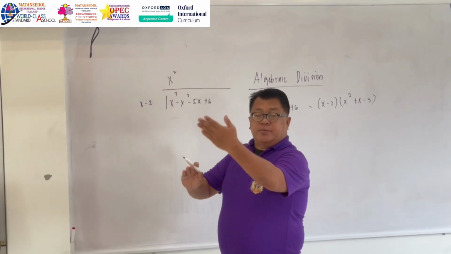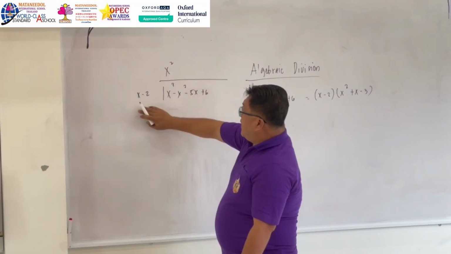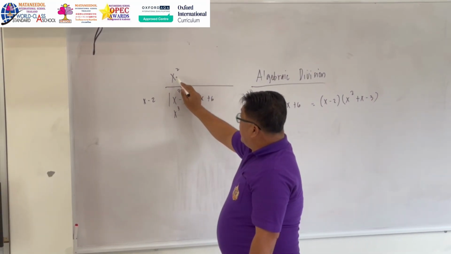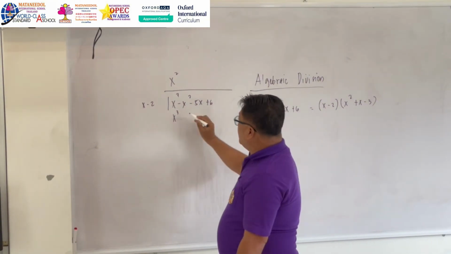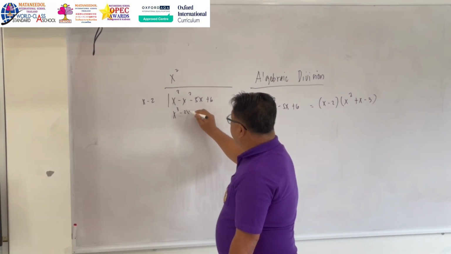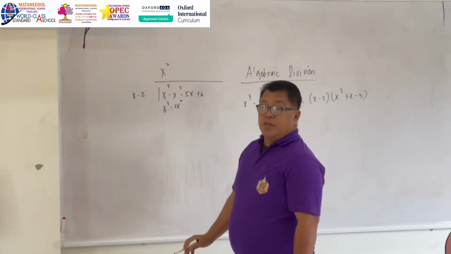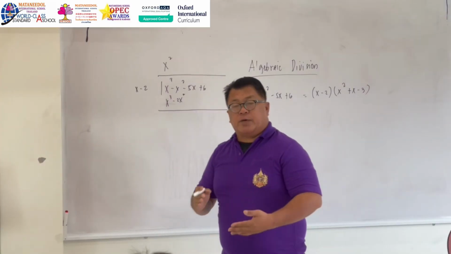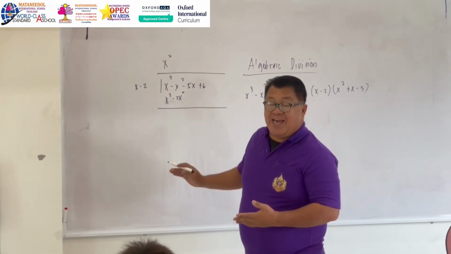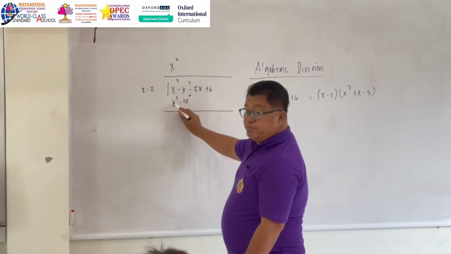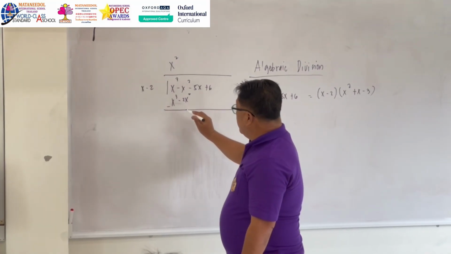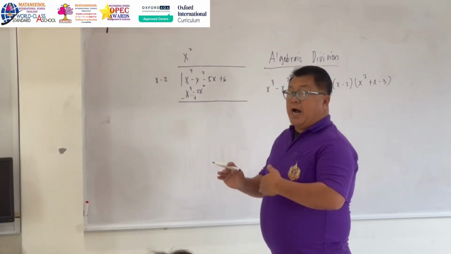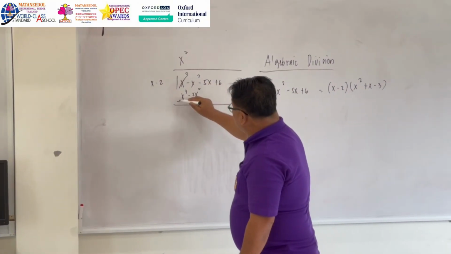At the same time, multiply x squared by x, so x cubed. Then x times negative 2 will be negative 2x squared. Then put a bar sign. The rule of division, you have to change the sign. Since this is positive, change it to negative. Since this is negative, change it to positive. And then add. So cancel this.